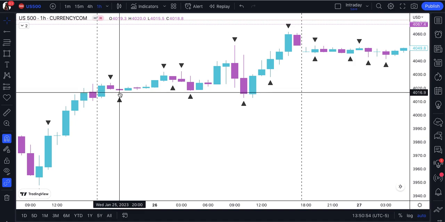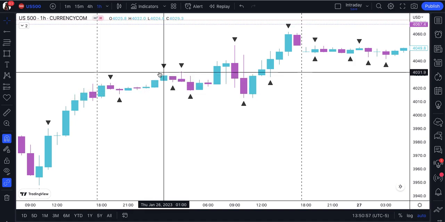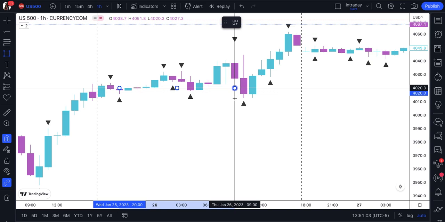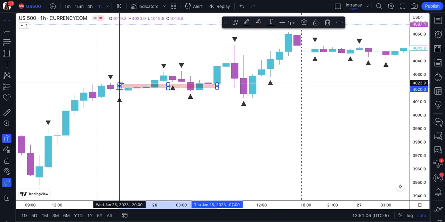Price found support somewhere in here, and then it went up and it broke this level. So this should be a valid order block, or valid level of support.